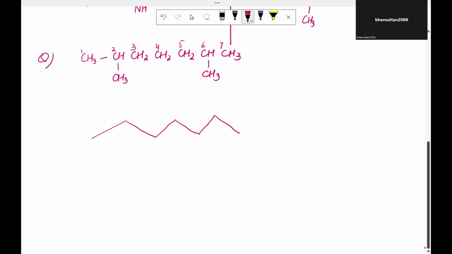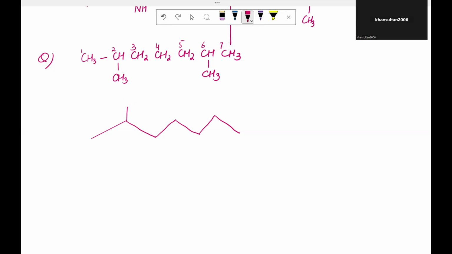Now there is a branch at the second carbon, and I told you yesterday we can't draw it like this. We have to draw it at this path. You know what the reason is? Because of the repulsion of the electrons. Yes, this was basically the reason.